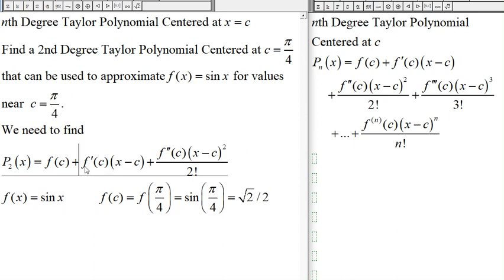So next we need f prime of c, which is the first derivative at c. The derivative of sine of x is cosine of x. And then now we need f prime of c, so we evaluate the first derivative here at c.